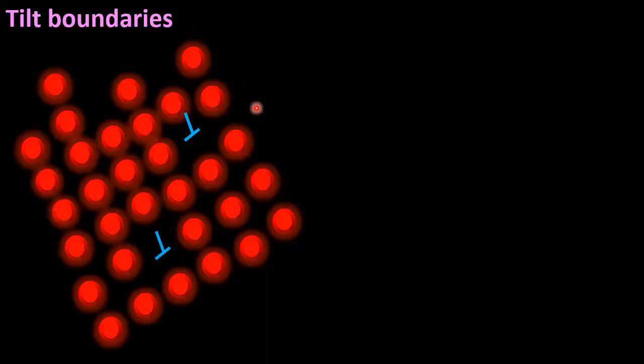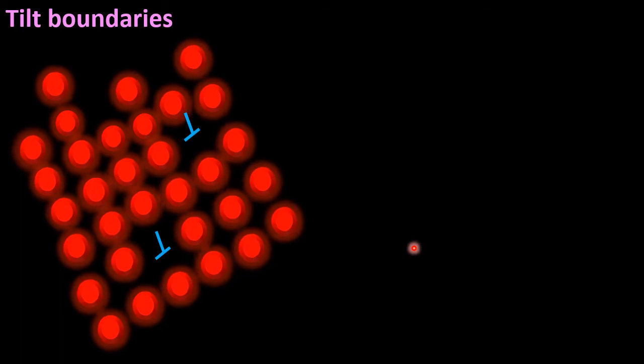One simple small angle grain boundary is formed when edge dislocations are aligned in this manner. This type of boundary is called a tilt boundary. So the tilt boundary between two crystals that differ in orientation by only a few degrees consists of a series of edge dislocations.